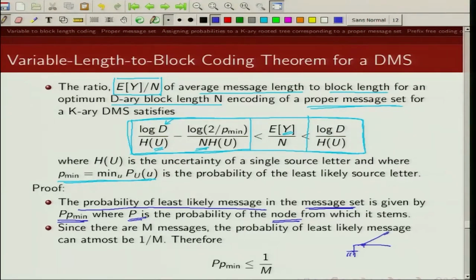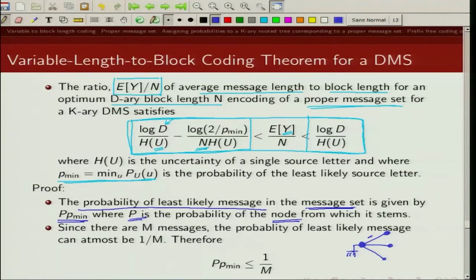If you recall, these probabilities are defined as the probability of this node multiplied by the probability of the letters emitted corresponding to each of these branches. And what are the messages in the proper message set? The messages are nothing but the leaves of the proper message set.